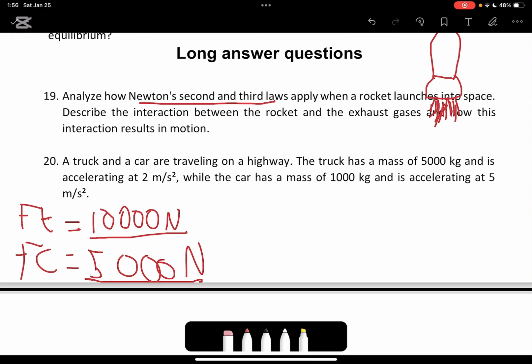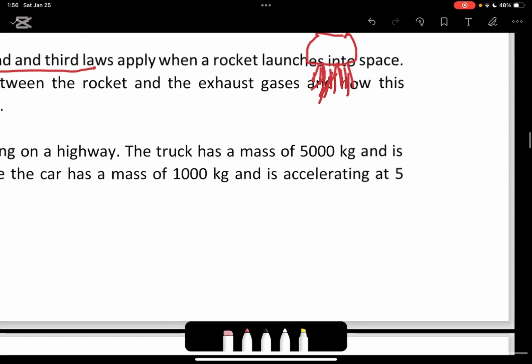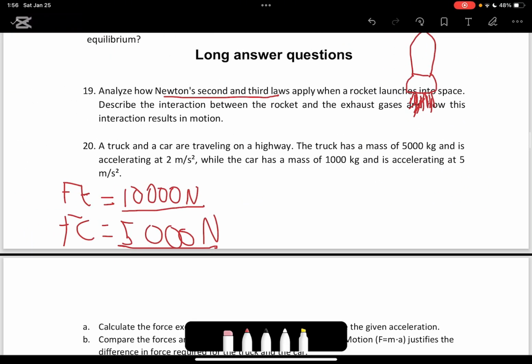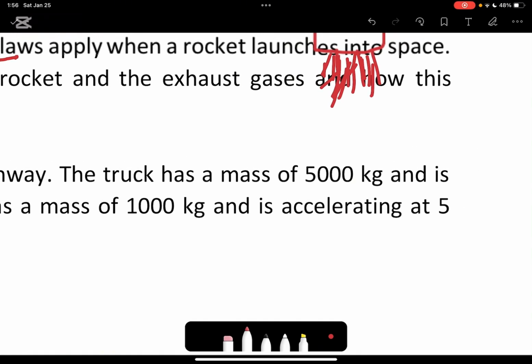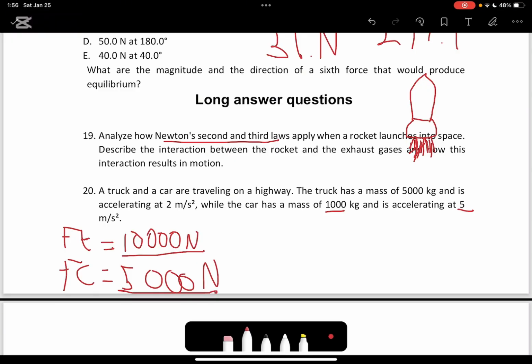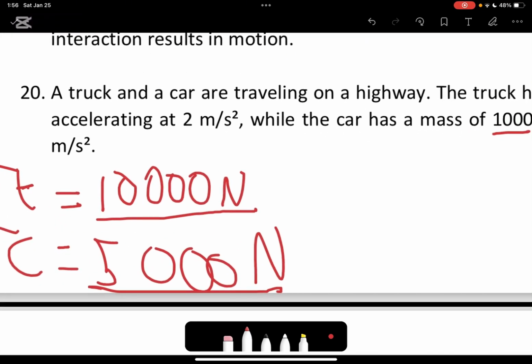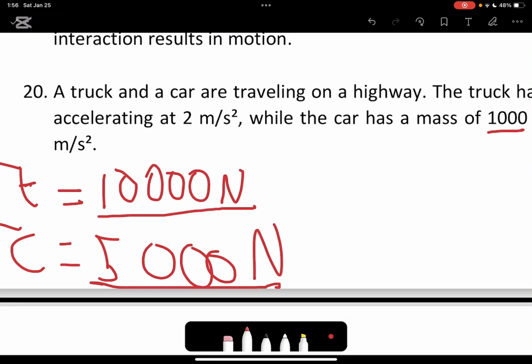And the car has 1,000 kilograms and accelerates at 5 meters per second squared. Force equals mass times acceleration, so 1,000 times 5 is 5,000. That's how you get 5,000 newtons for the force of the car.